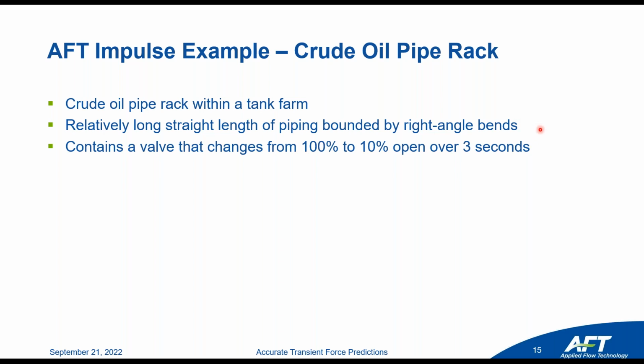But we're going to make it a little bit more complicated than just two elbows. It also contains a valve that changes in position from 100% open to 10% open over 3 seconds. And this is going to be using a realistic valve profile. So I believe this was a ball valve.